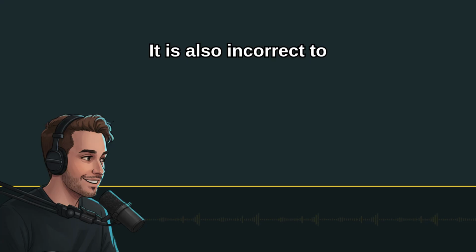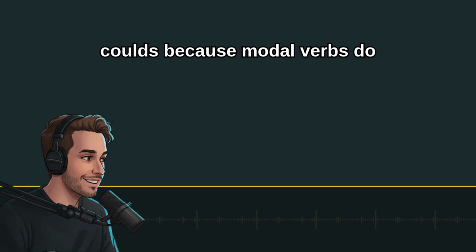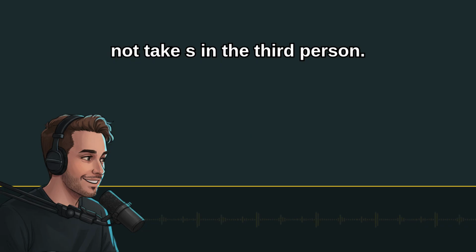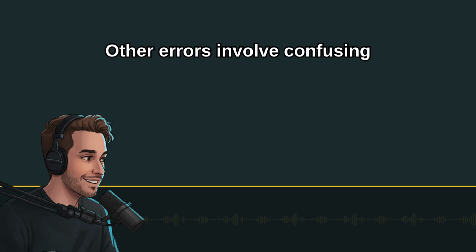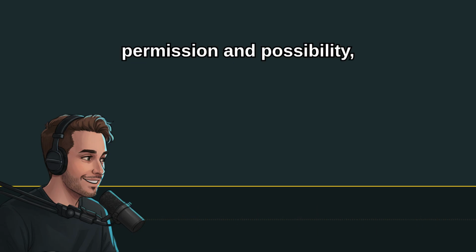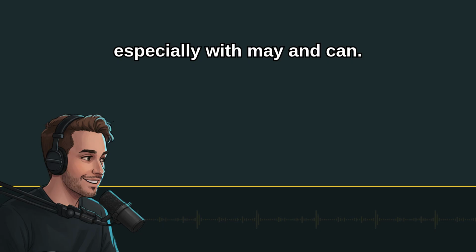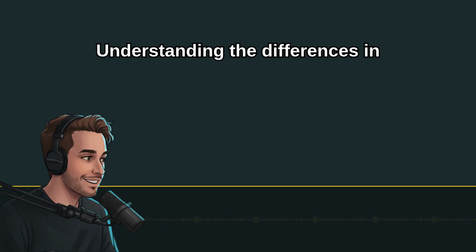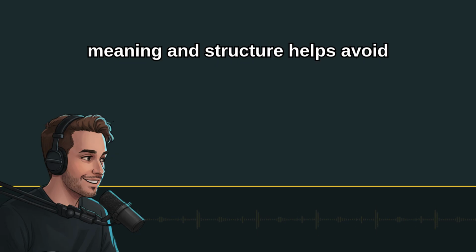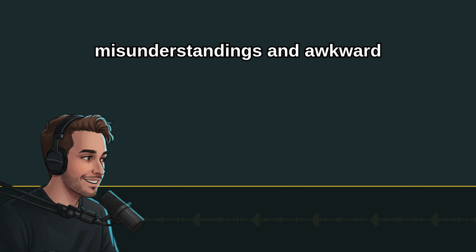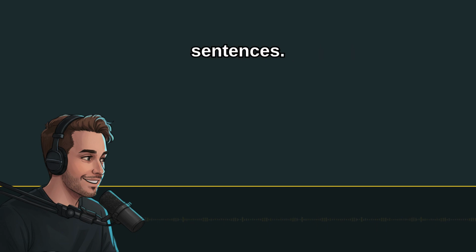It is also incorrect to say he cans or she coulds because modal verbs do not take s in the third person. Other errors involve confusing permission and possibility, especially with may and can. Understanding the differences in meaning and structure helps avoid misunderstandings and awkward sentences.